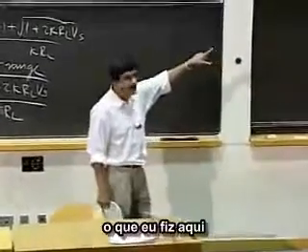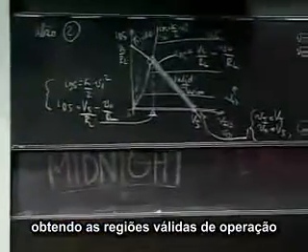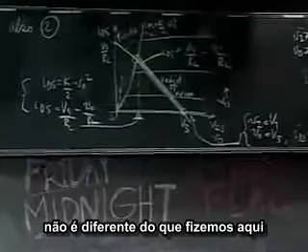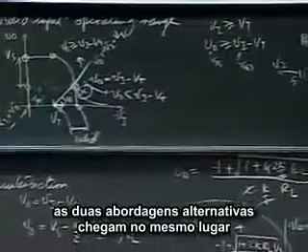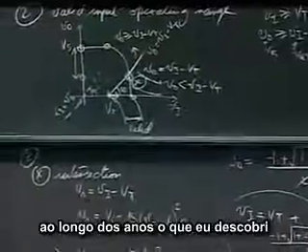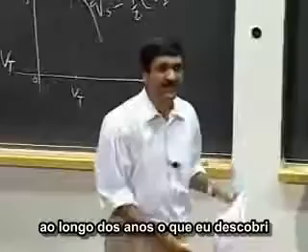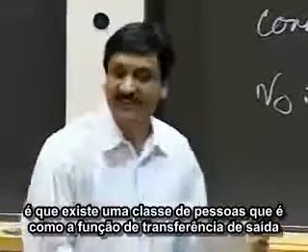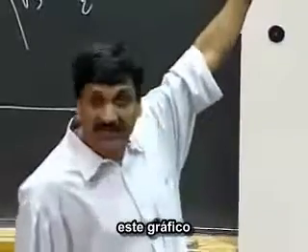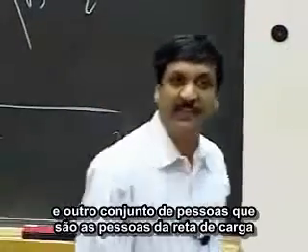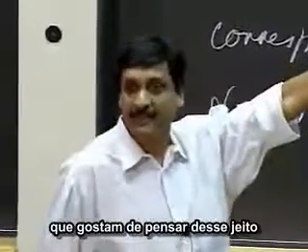What I've done here, obtaining the valid regions of operation, is no different from what I did here. The two are alternative approaches to getting to the same place. Okay, just that over the years, what I've discovered is that there is one class of people that are output transfer function people, this graph, and then another set of people that are load line people, okay, that like to think that way.